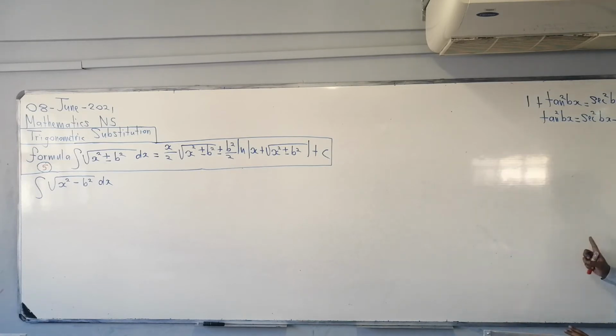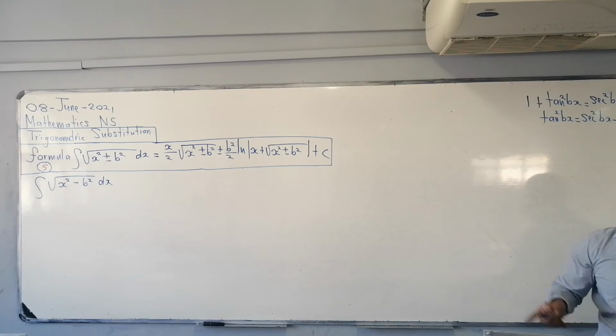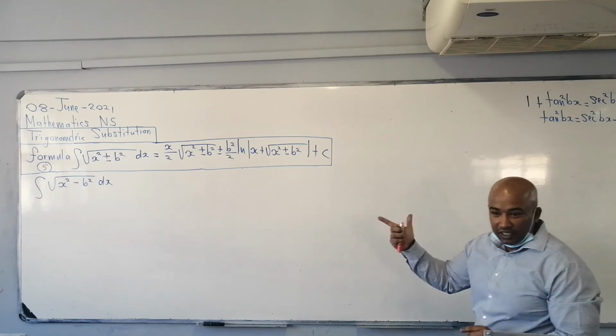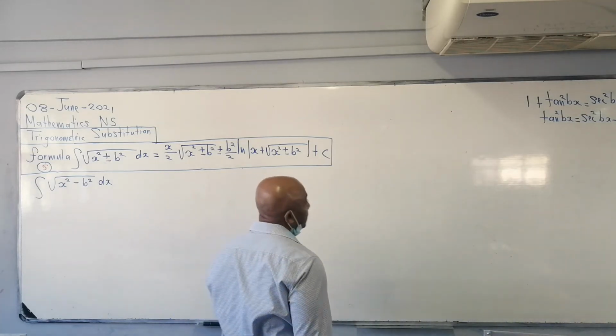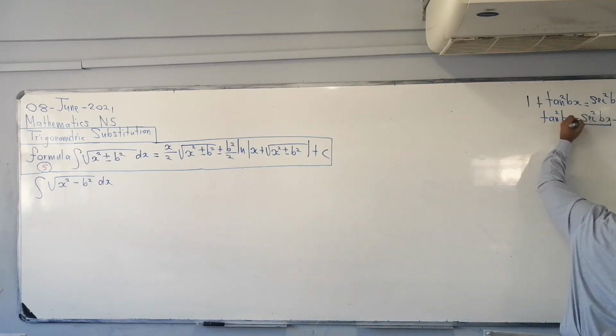The idea here is to have sec squared minus 1 inside the square root. Once I have sec squared minus 1, it will equal tan squared. Then I'll have the square root of tan squared, and the square root will cancel. That is the whole idea for this type of one. We are going to be using a sec substitution, this one here.